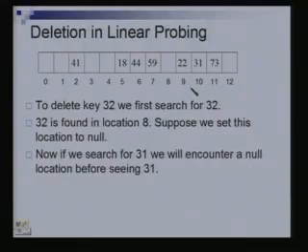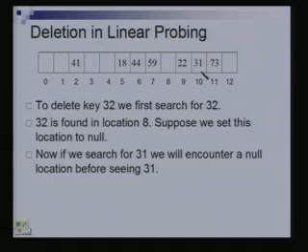Suppose we now search for 31. What's going to happen? 31 mod 13 is 5. So we come here. We didn't find it here. We come here. We didn't find it here. We come here. We didn't find it here. We reach here, and this is an empty location. So we'll say 31 is not there. Well, 31 is there. Why is the problem coming? Because when 31 was inserted, this was a full location, so 31 was inserted later.